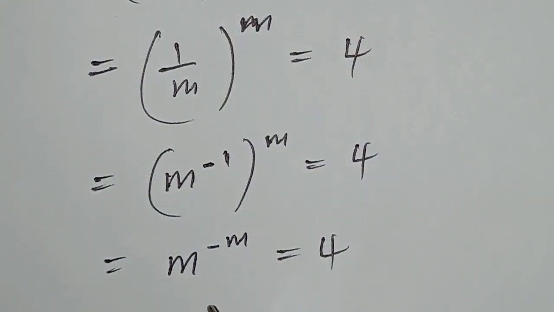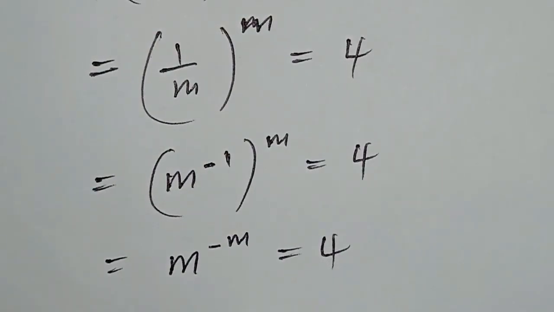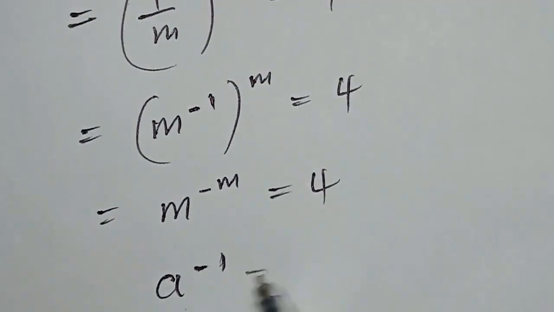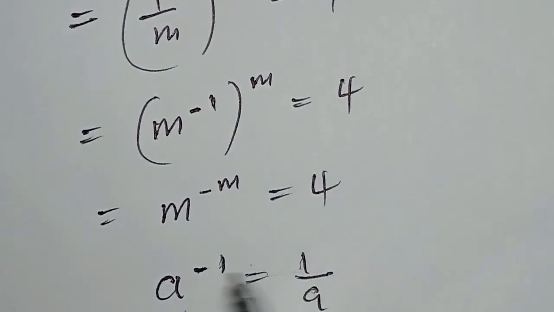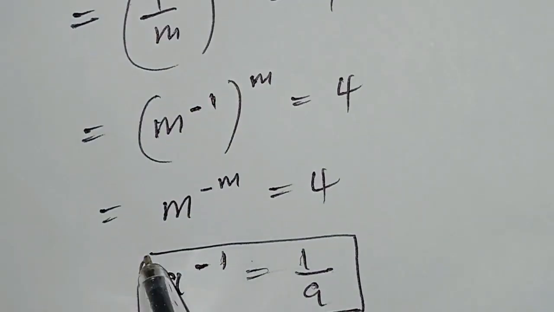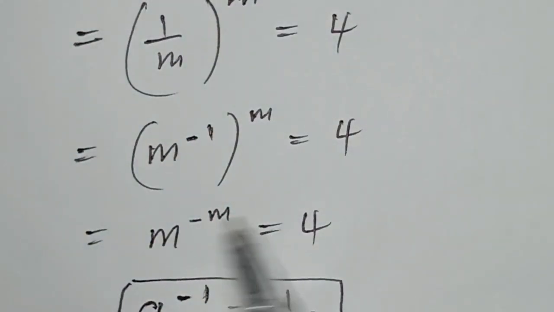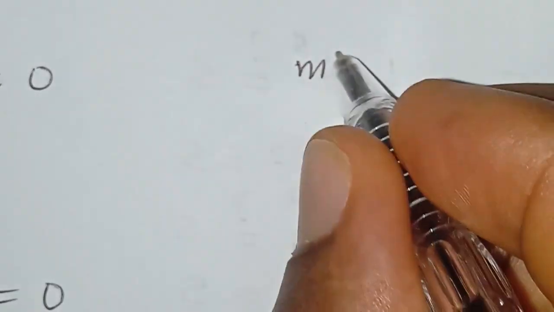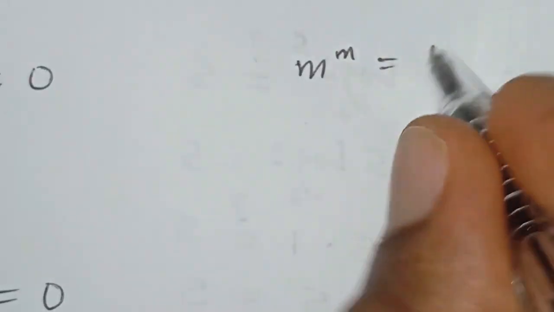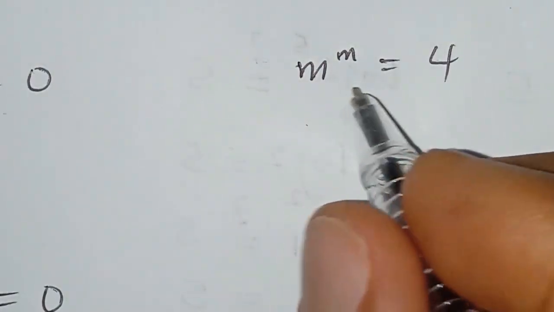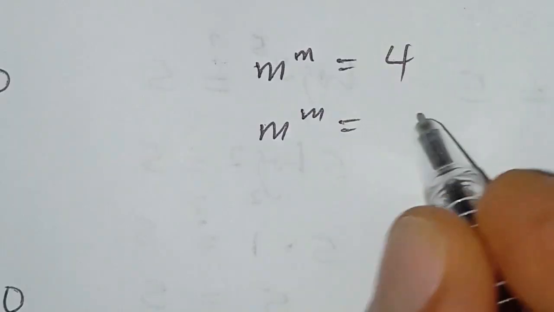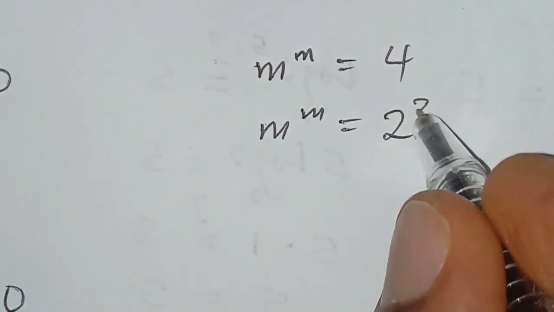If we consider the identity a to the power of minus 1 is equal to 1 over a, then this can be flipped as m to the power of m, which is equal to 4. Then that can be written as m to the power of m is equal to 2 to the power of 2.